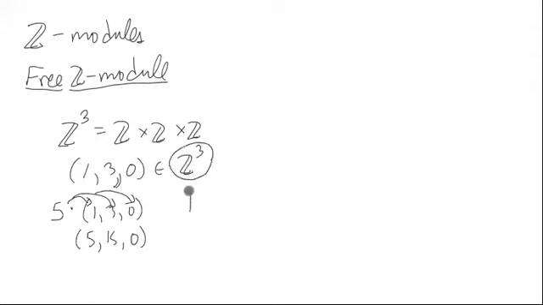Now I claim that it's a free Z module. What makes this Z module free is that whenever I have a map that comes from it, a function, say, that preserves the addition structure here, as well as the outside multiplication structure, such that if I have something like f of k times something, the k can travel outside.